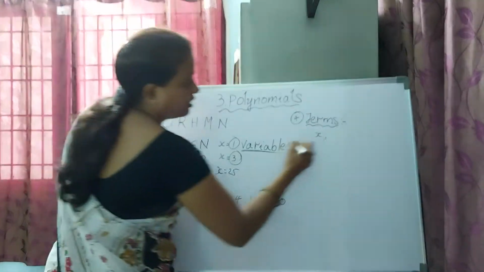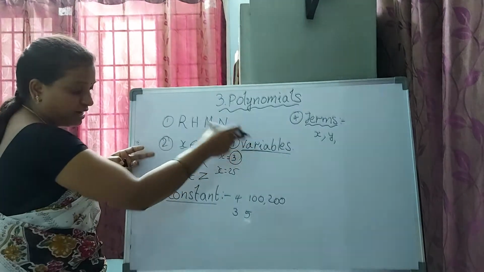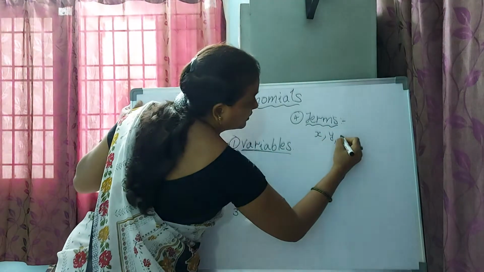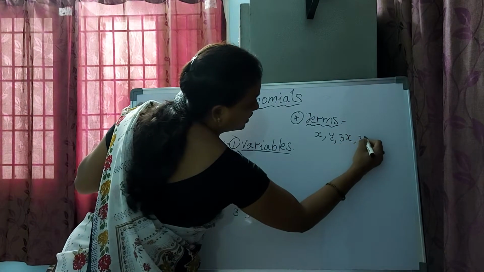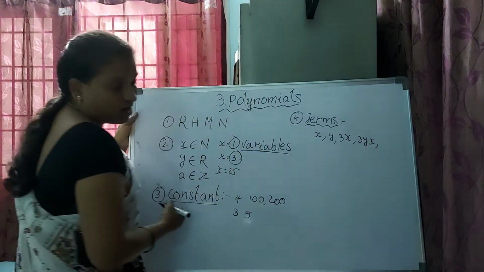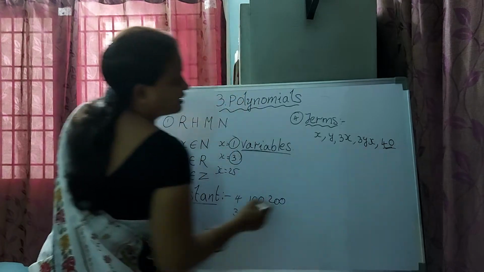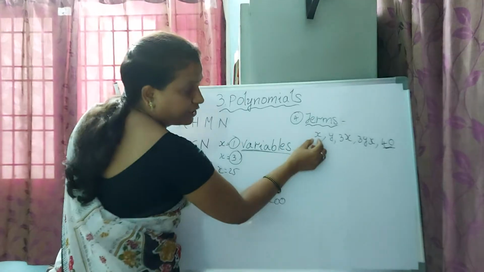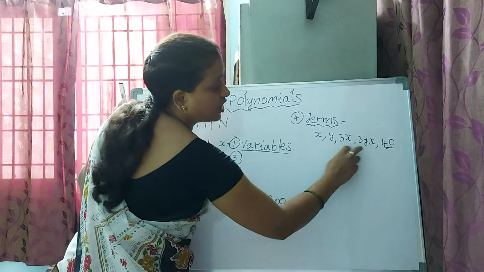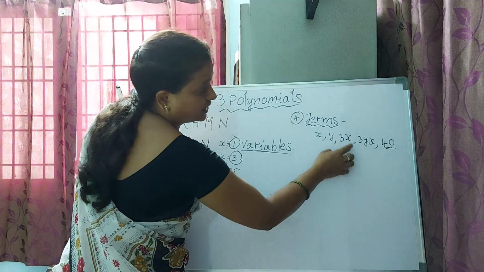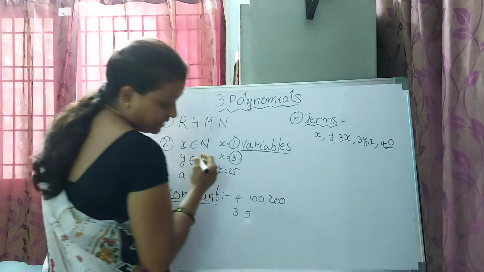X is a term, y is a term. The combination of variable and constant by using multiplication: 3x, 3 into x, or 3yx, or simply we can write 40. These are constants, no? We can write variables alone, constants alone, or a combination of variables and constants, and we call these terms.